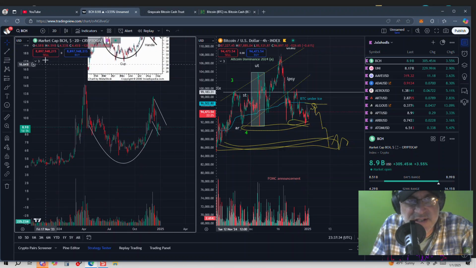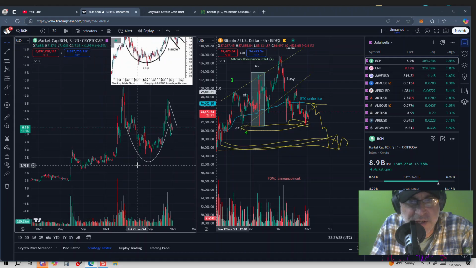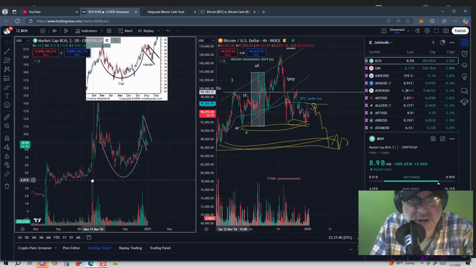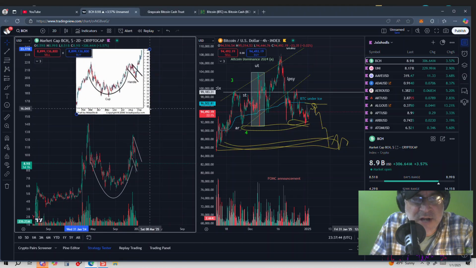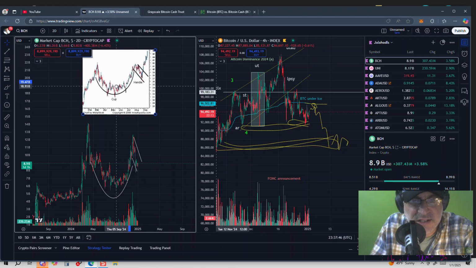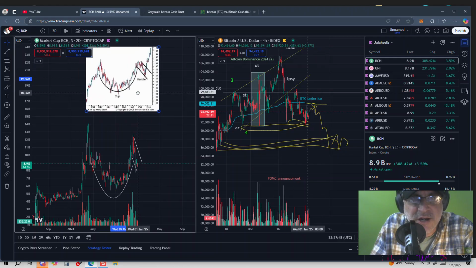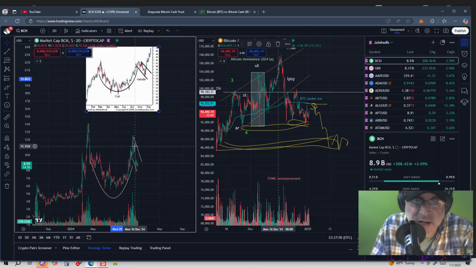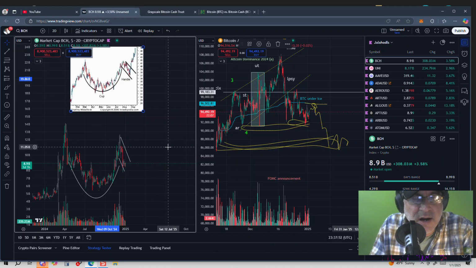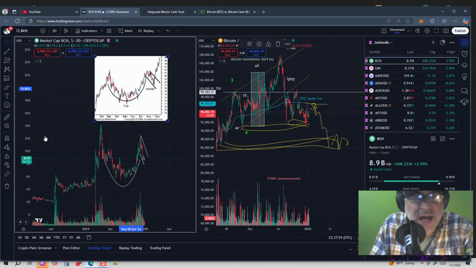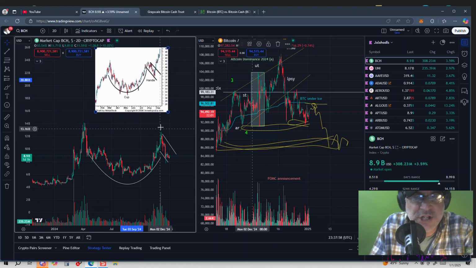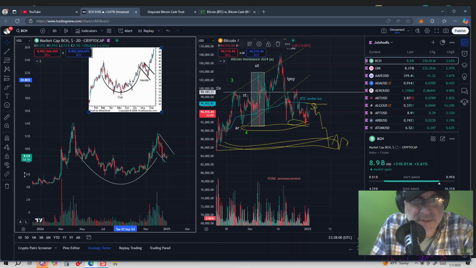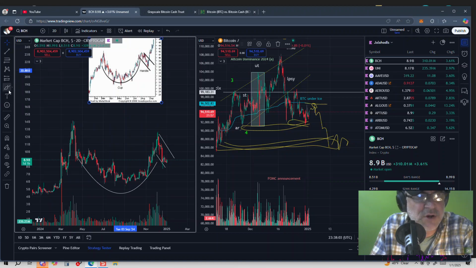Now, again, this is a market cap chart, so it's not the actual price of Bitcoin Cash. We just want to have a general idea of when this thing goes and altcoins have their dominance and this thing explodes as expected, how far it can go. Say if you wanted to swing it, you wanted to hodl it, you wanted to buy it and hold it. How do you measure cup and handles? Well, without going into too much detail, you don't even really have to do the Fibonacci extensions for these if you don't want to.